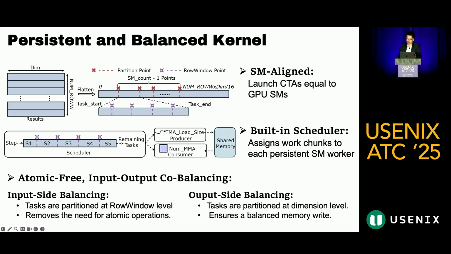This partitioning matches perfectly with our SM-aligned design and lets the persistent kernel run until everything is done. Besides this, we build a lightweight scheduler inside our kernel to split all the tasks evenly across the number of SMs using a warp-level granularity.